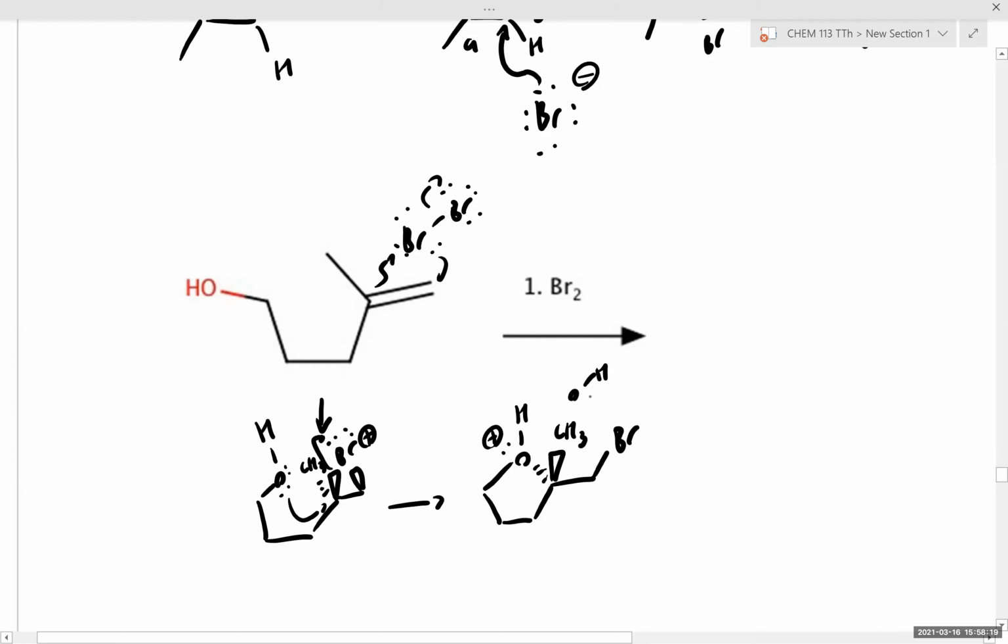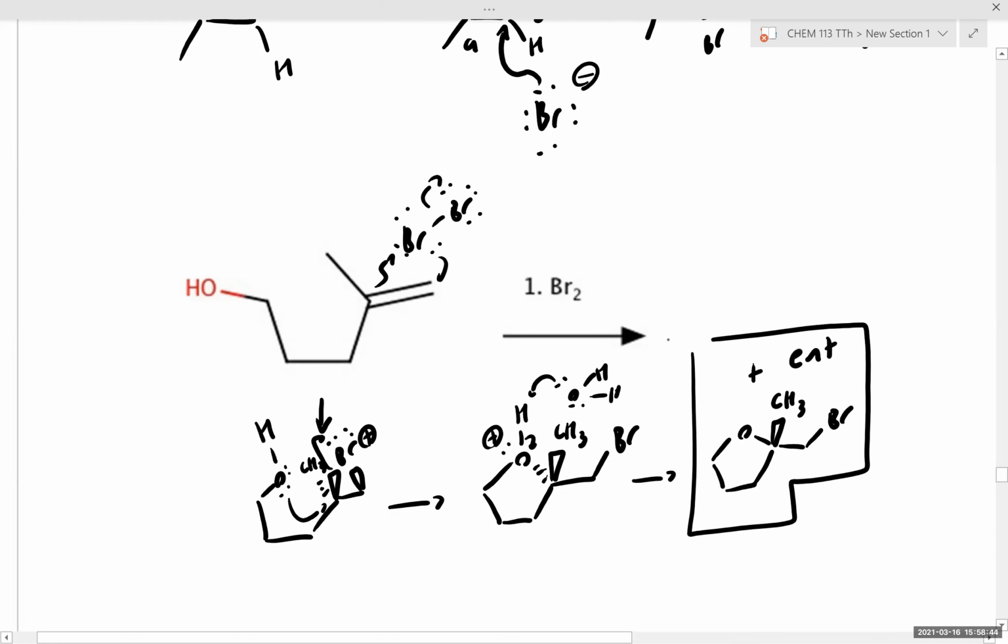And then from there, as a cleanup step, water or another equivalent of alcohol will just pull off our proton. So this is an intramolecular variant of the mechanism that we discussed in class for ether synthesis. We also make the enantiomer. Does this mechanism make sense to everyone? So this is a textbook bromoetherification.